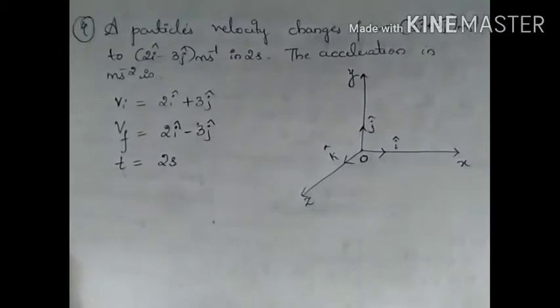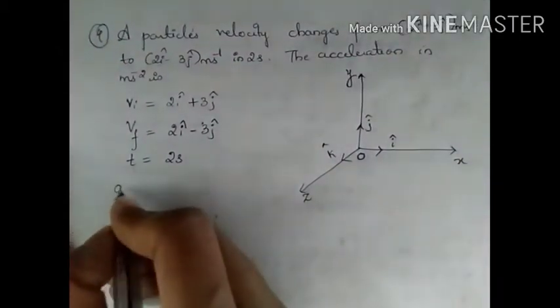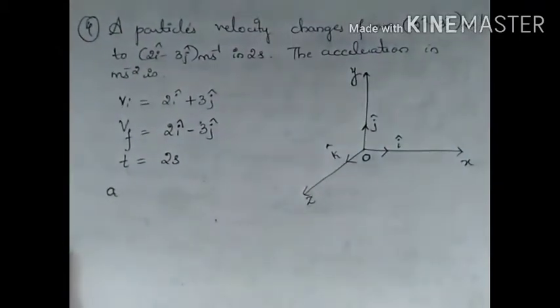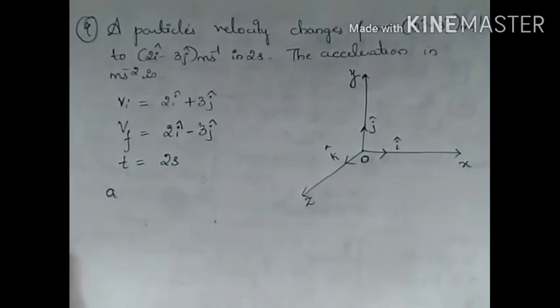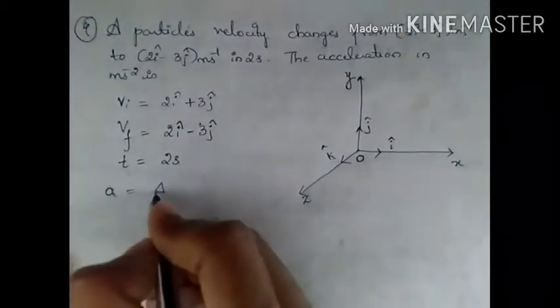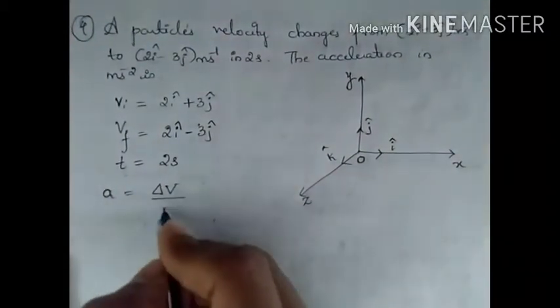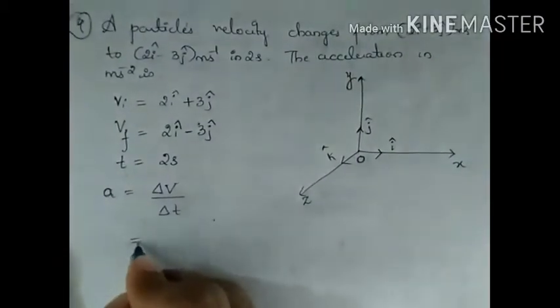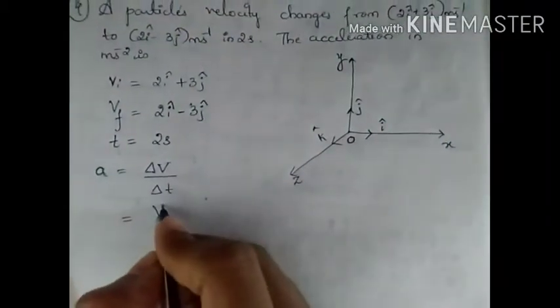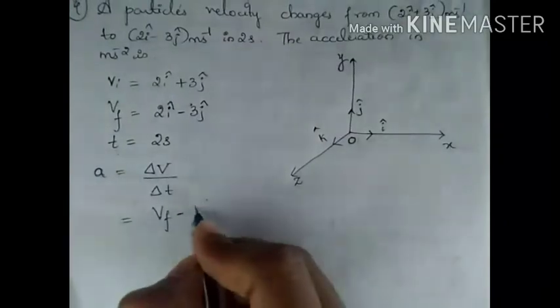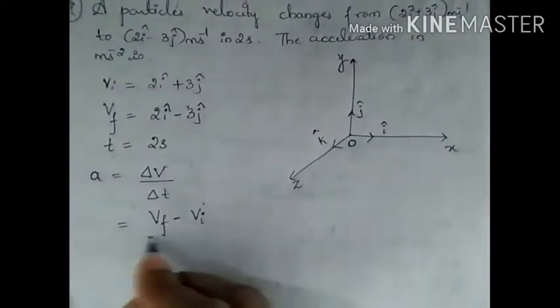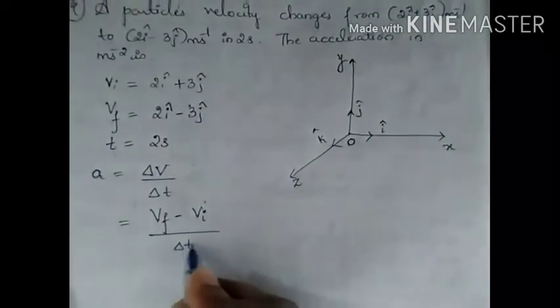So now let us find the acceleration. Acceleration is what? Change in velocity by time interval, so which is delta v by delta t. So delta v can be written as final velocity minus initial velocity divided by delta t.